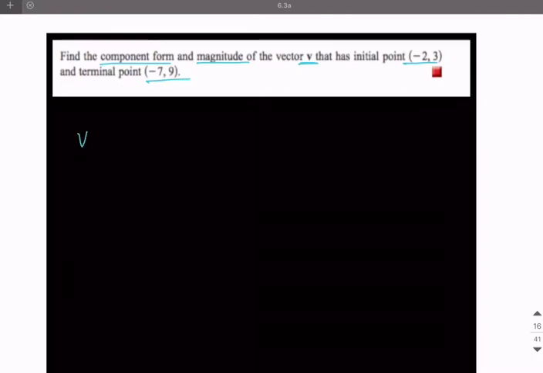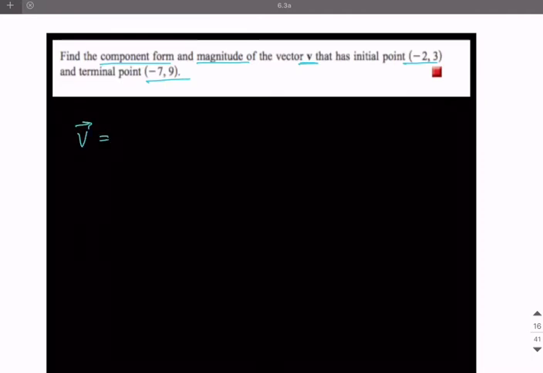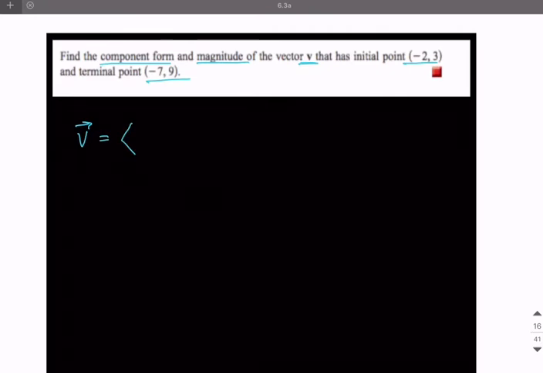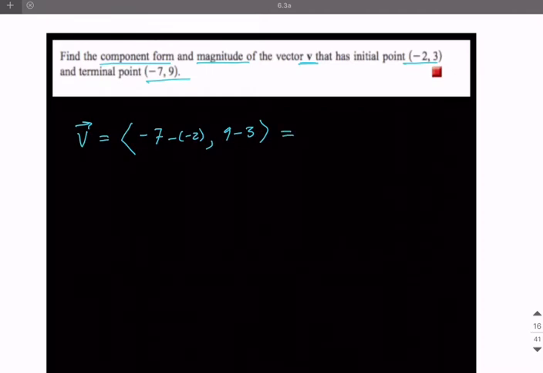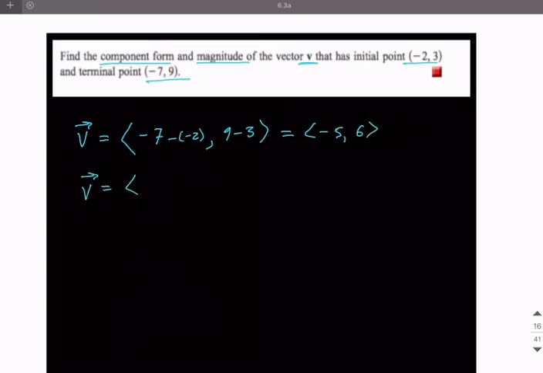So vector v in component form is going to be, the final is negative 7 minus 2, comma 9 minus 3. So that means this is equal to negative 7 plus negative 2, which is negative 5, comma 6. So vector v in component form is (-5, 6).